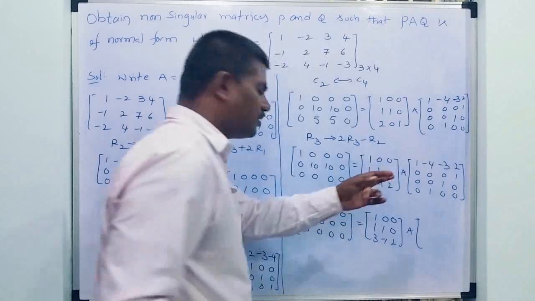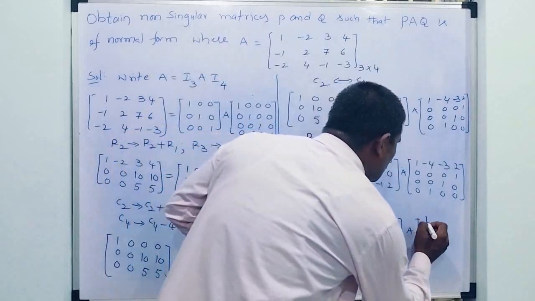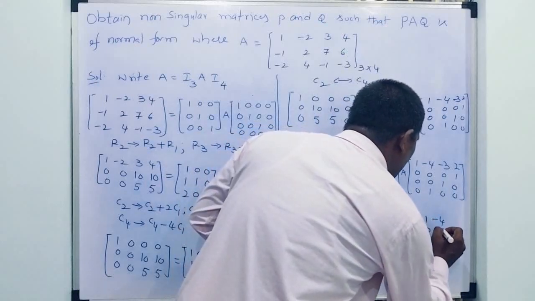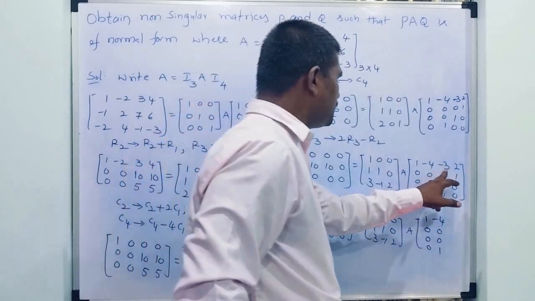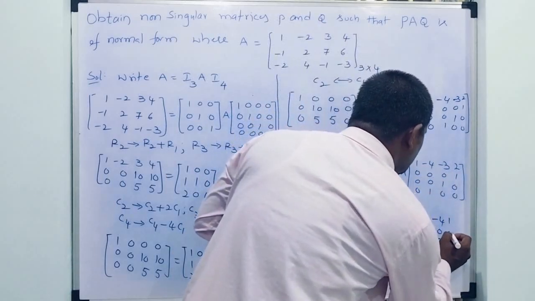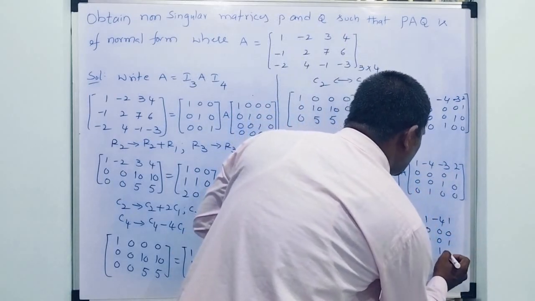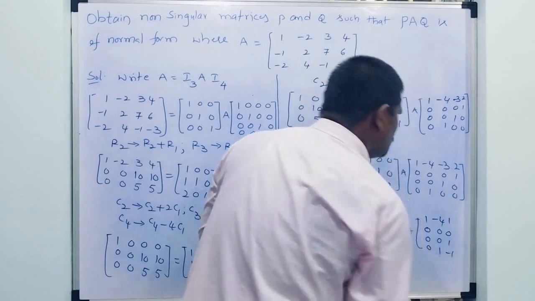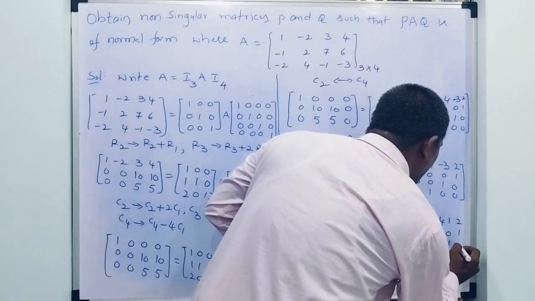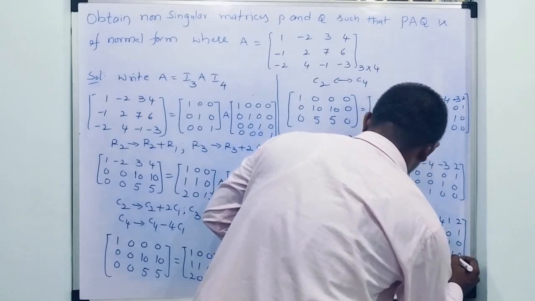No change in the first two columns: 1, 0, 0, minus 4, 0, 0, 1. C3 minus C2 gives minus 3 plus 4, 1, 0, 1 minus 0, 0 minus 1, which is minus 1. No change in the fourth column: 2, 1, 0, 0.